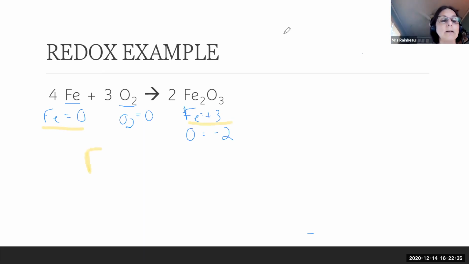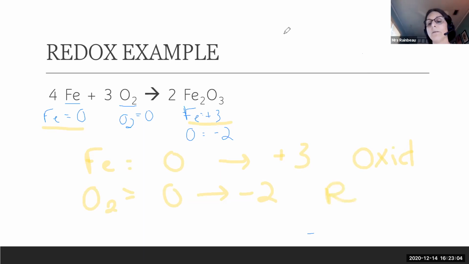Now, since the iron is going from 0 to +3, LEO says GER, losing electrons, oxidized. It's getting more positive. This is the oxidized portion of the reaction. The oxygen portion of it goes from 0 to -2. So GER, gains electrons, reduced. It gained 2 electrons, so this is the reduced portion of the reaction.